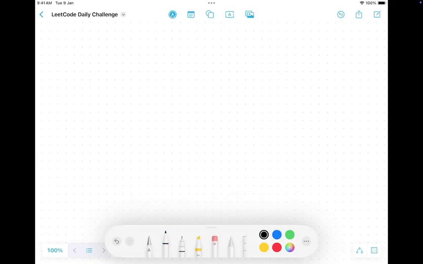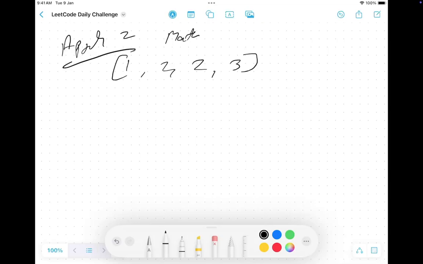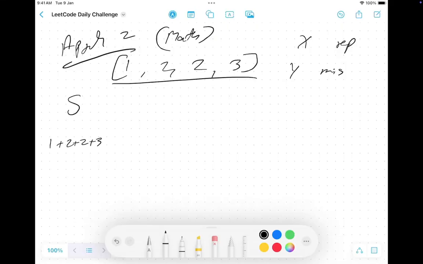Now let's build approach 2. Approach 2 is going to be very simple. This approach 2 is mathematical. First, let's suppose x is repeating and y is missing, right? So what's the summation of this? The summation is 1 plus 2 plus 2 plus 3.